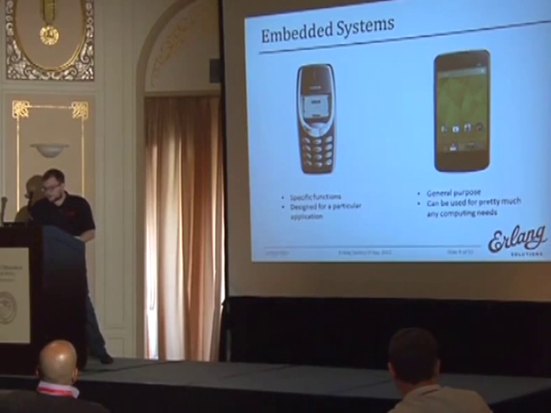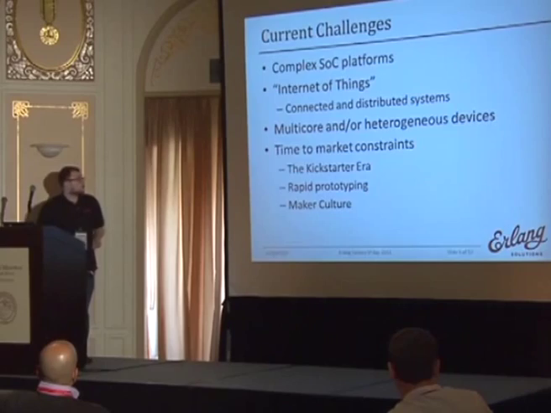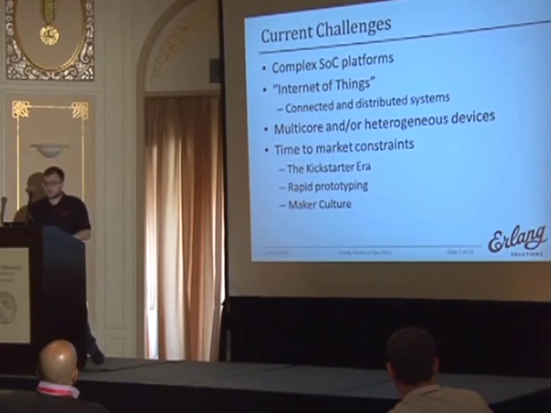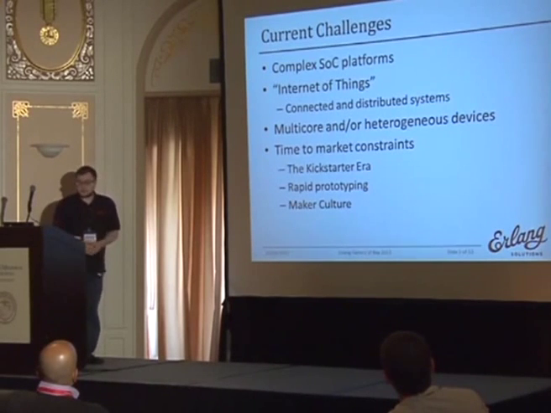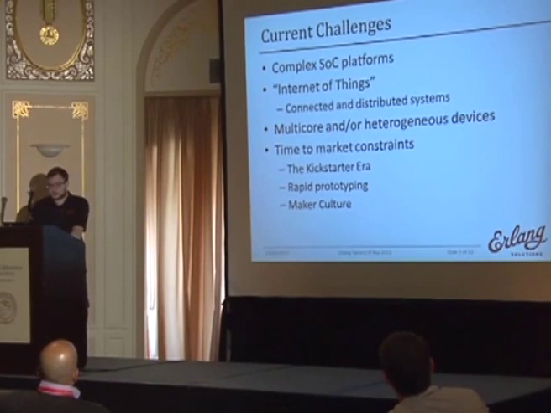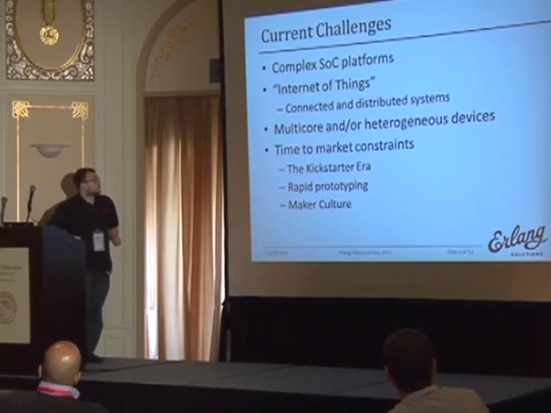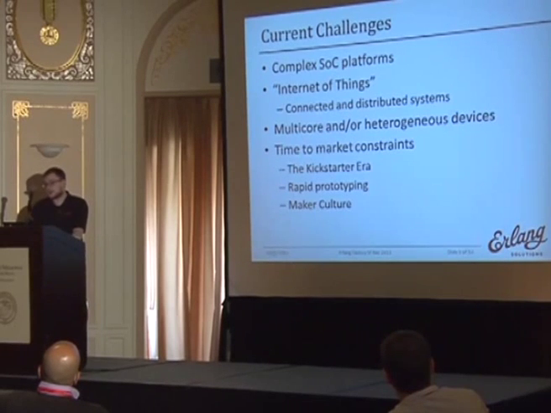Embedded systems are getting more and more complicated, and we're utilizing system-on-chip platforms that are becoming larger, more complicated, and very difficult to manage with the current tool chains and methodologies that we have in the embedded domain. We also have this beautiful term called the Internet of Things, which practically means everything is becoming connected and distributed.